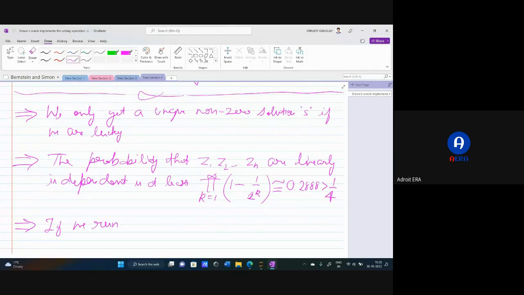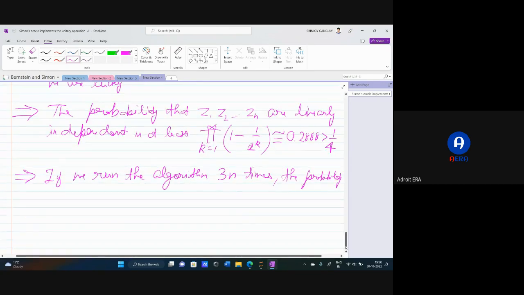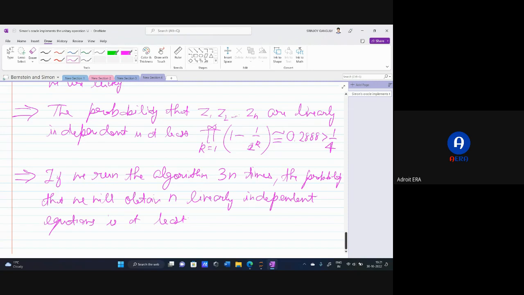If we run the algorithm 3n times, the probability that we will obtain n linearly independent equations is at least 2 by 3.